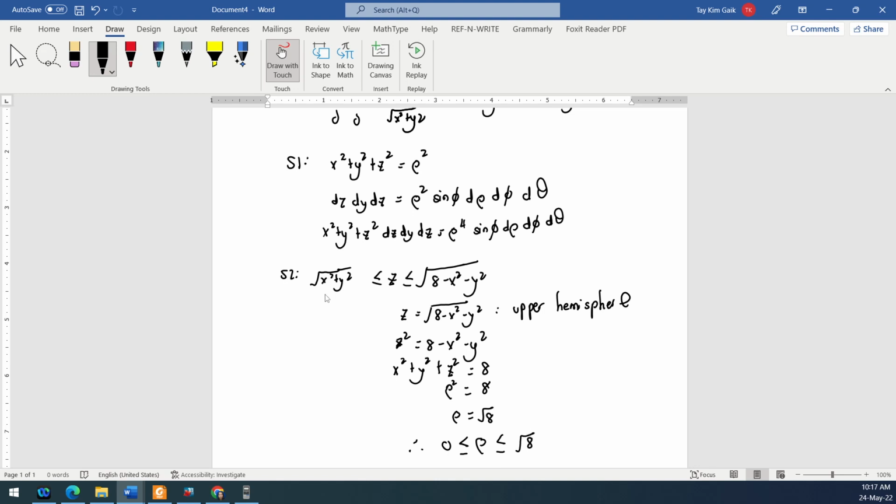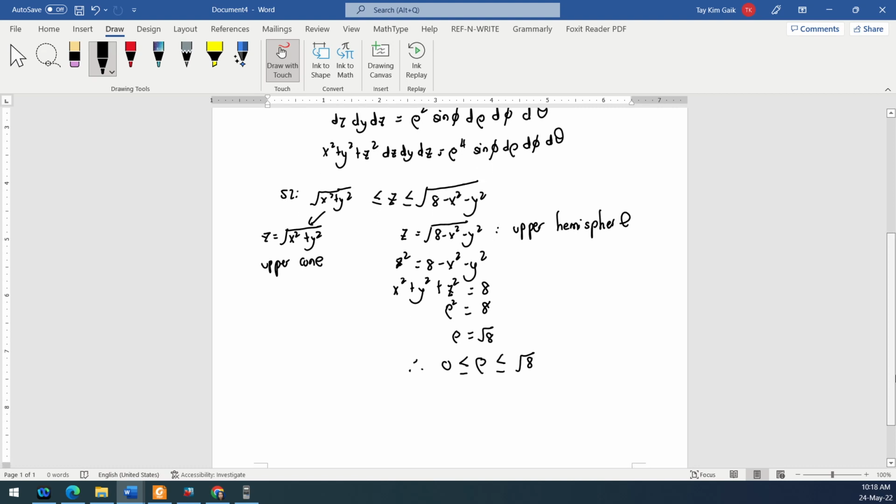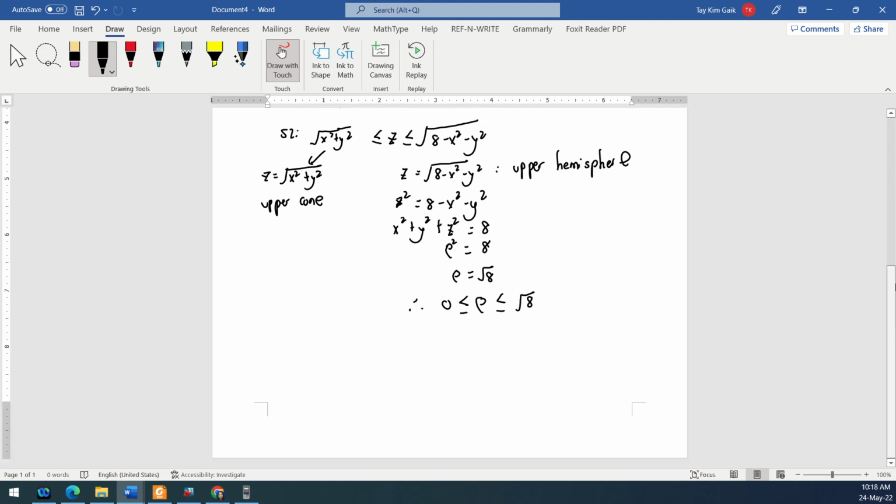From the lower limit of z, z equals square root of x squared plus y squared, which is the upper cone. You should get phi equal to pi over 4. Just now you square both sides, so z squared equals x squared plus y squared.